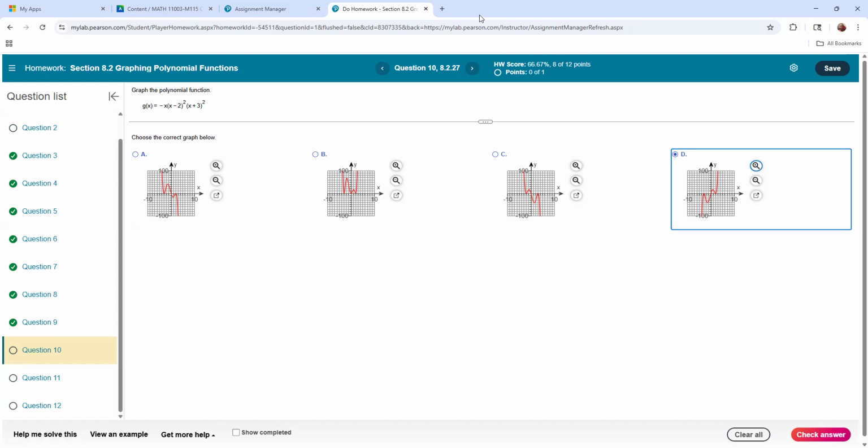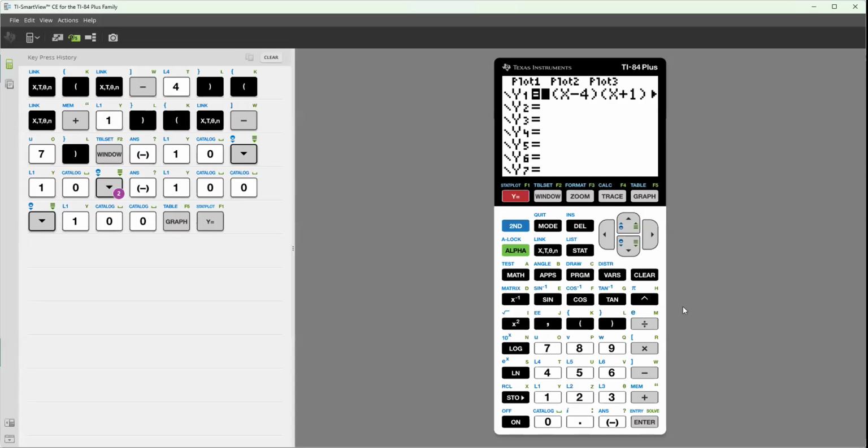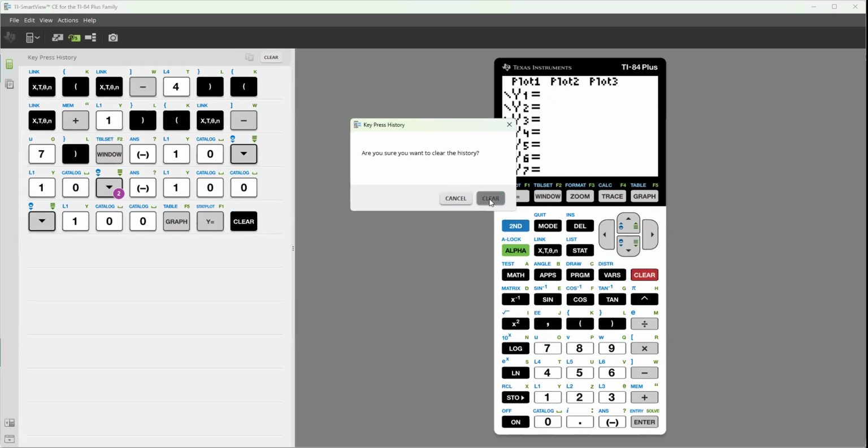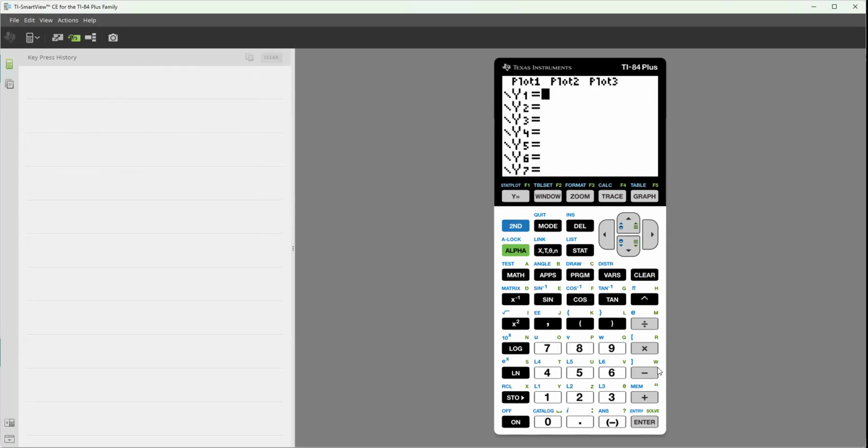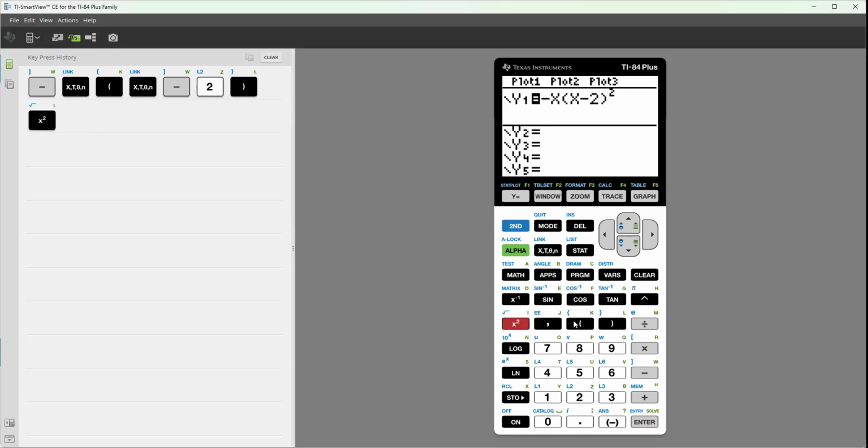All right, y'all. So let me go graph this one. So y equals, I'll clear that out. Oh, you also had a negative x, times x minus 2 squared, and then x plus 3 squared.